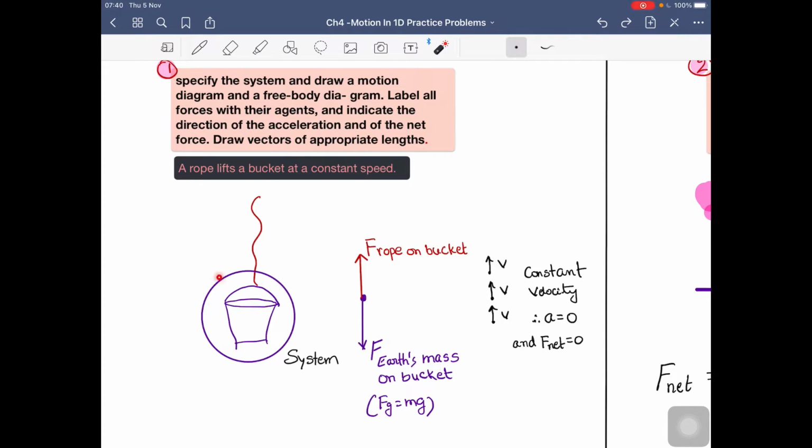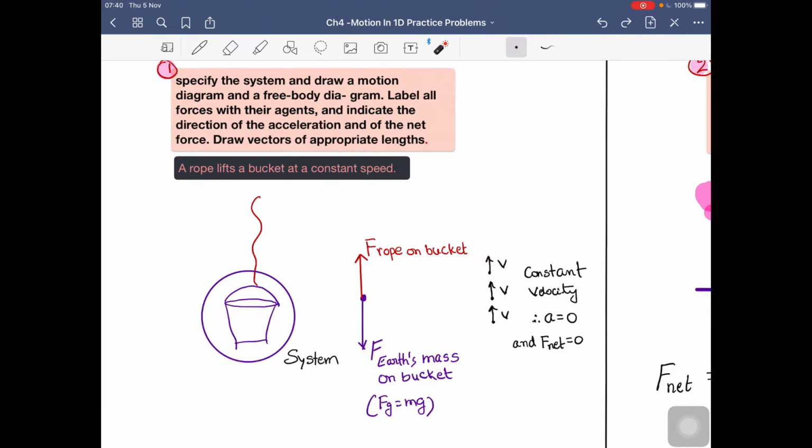This representation tells you the object is moving upward with constant speed. Therefore, what happens to the acceleration? a equals 0, because the change in velocity is 0. If a equals 0, the net force, mass times acceleration, is equal to 0.